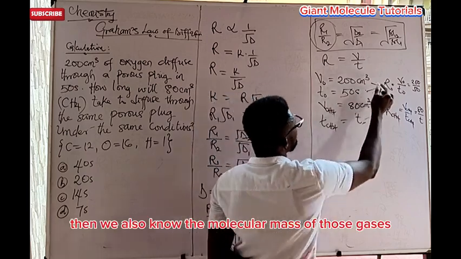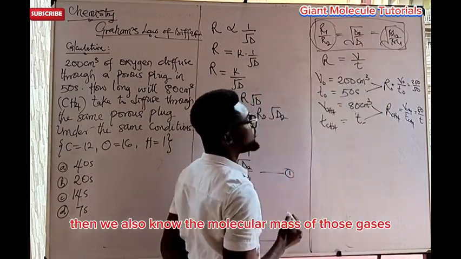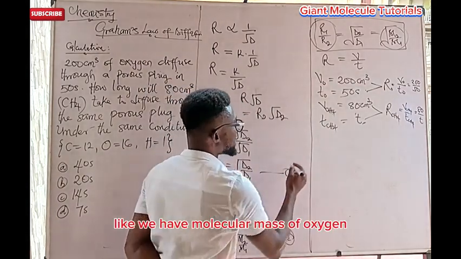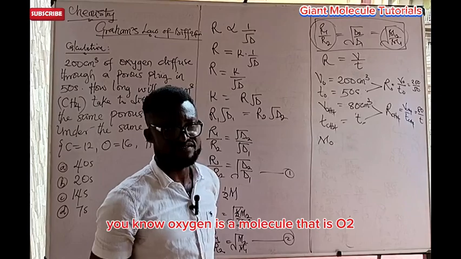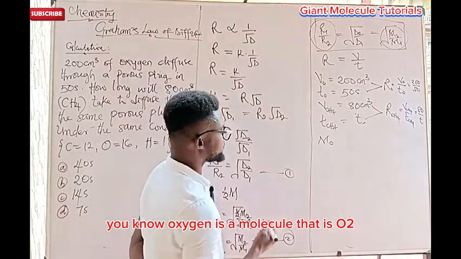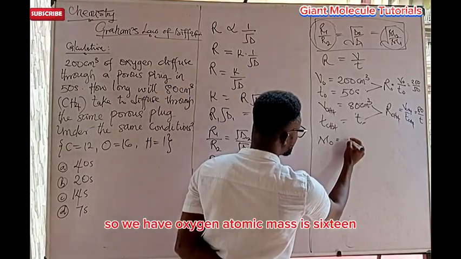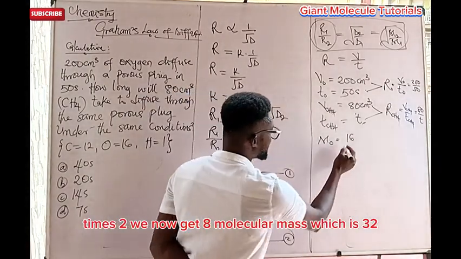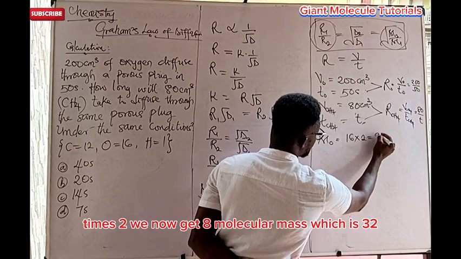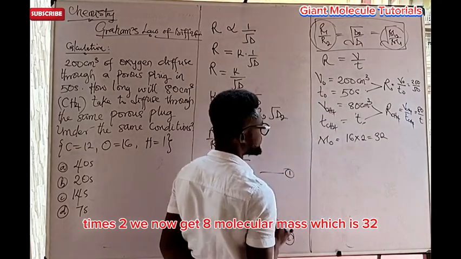Then we also know the molecular mass of those gases. We have the molecular mass of oxygen. Oxygen is a molecule, that is O2. So the atomic mass of oxygen is 16 times 2, and we now get its molecular mass, which is 32.